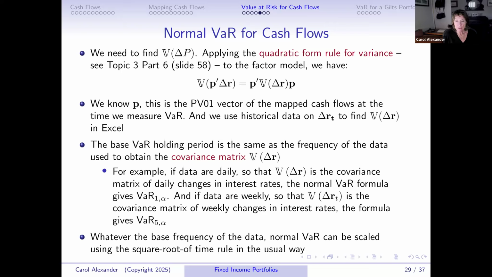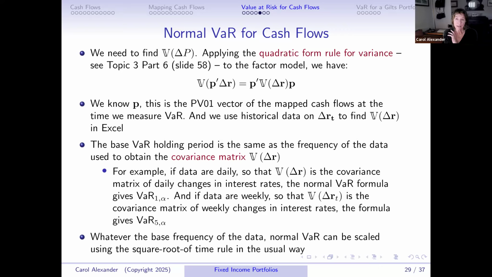We keep P constant, that represents our portfolio on the 30th of September. That's the day when we measure VAR. Then we can use historical data in the entire spreadsheet with the COVAR command, and we find this covariance matrix. I'll go through that in detail when I go through the whole next section.